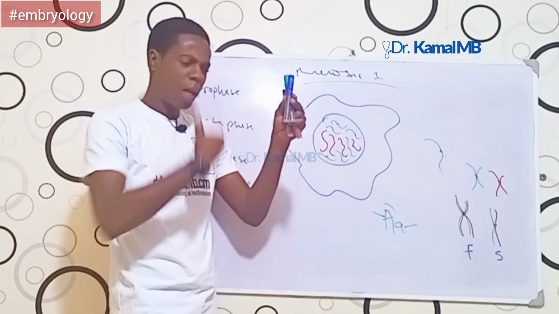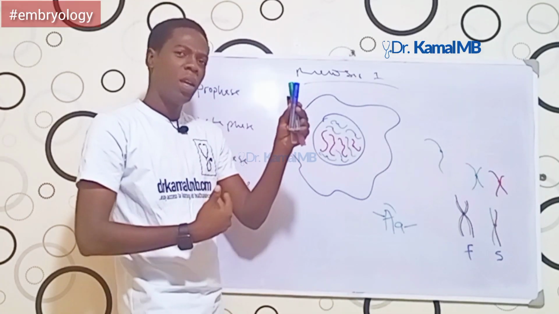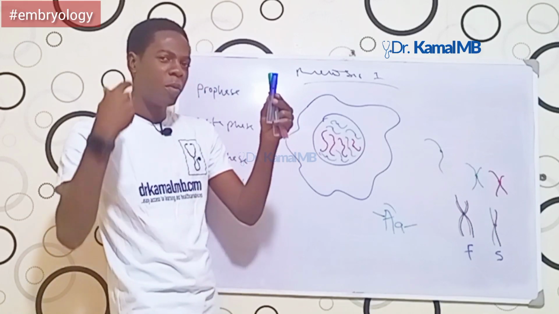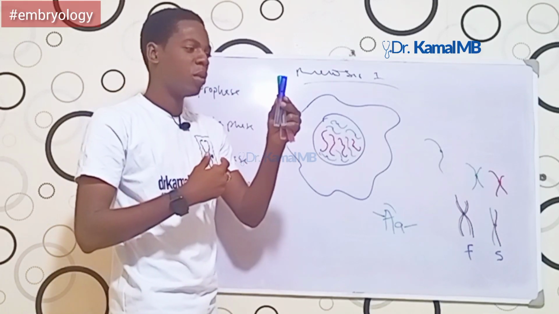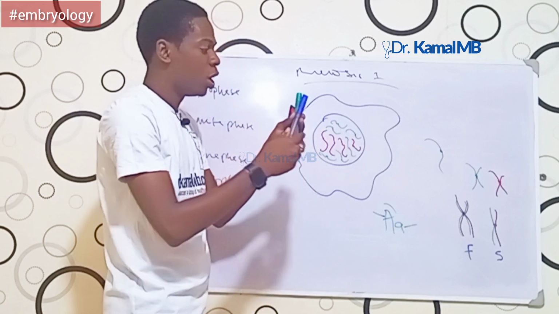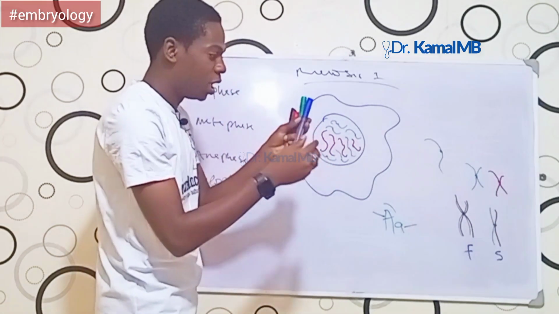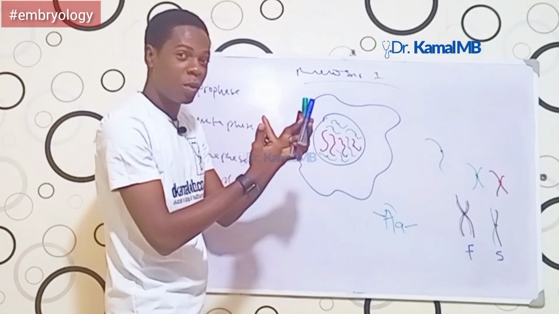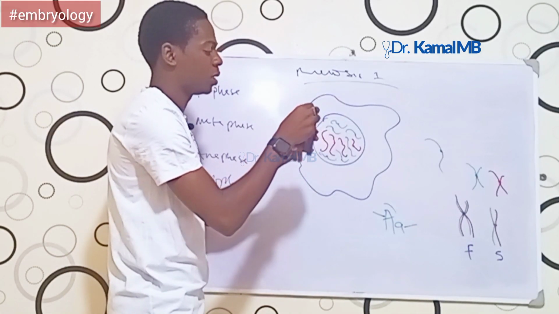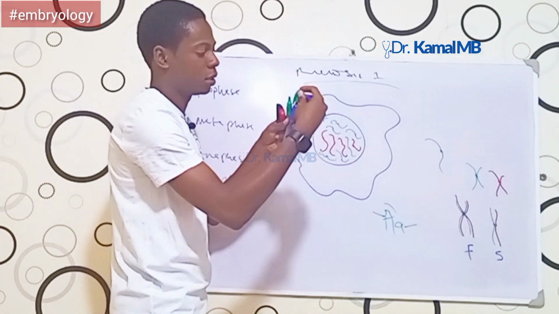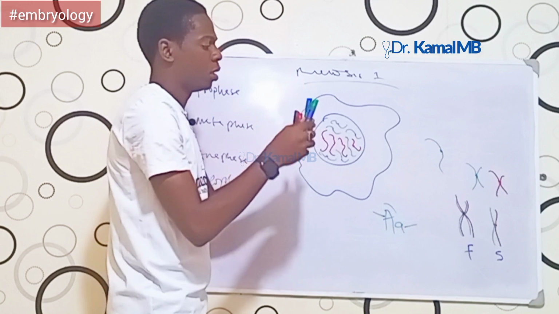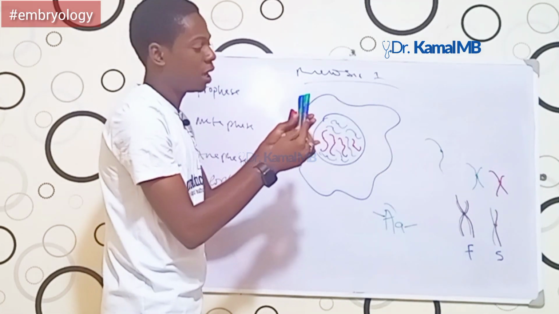So at this process, if you just look at your physical appearance, you will notice that you have inherited something from your mother and you've inherited something from your father. So how does that occur? It is at this process of this meiosis. So after this tetrad is formed, now they will start exchanging information from one another, like these markers. So they will change their caps, like this.